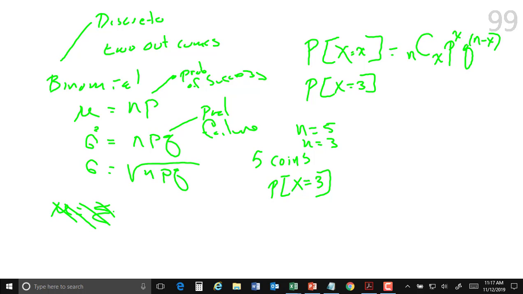Okay, so let's see what it is. First of all, we have to set what our probability of success is. You could call a success a head, or you can call it a tail, but I'm choosing to call it a head. So I know that the probability of any one coming is a half. Do you agree? That's the probability of success, p. Now q is the probability of failure, which is simply 1 minus p.